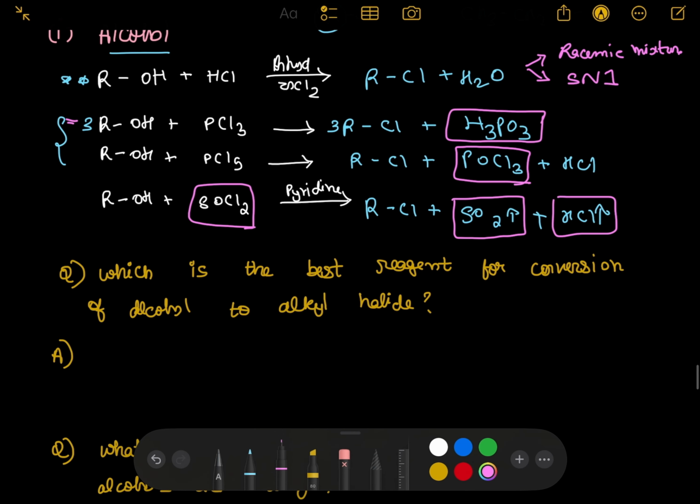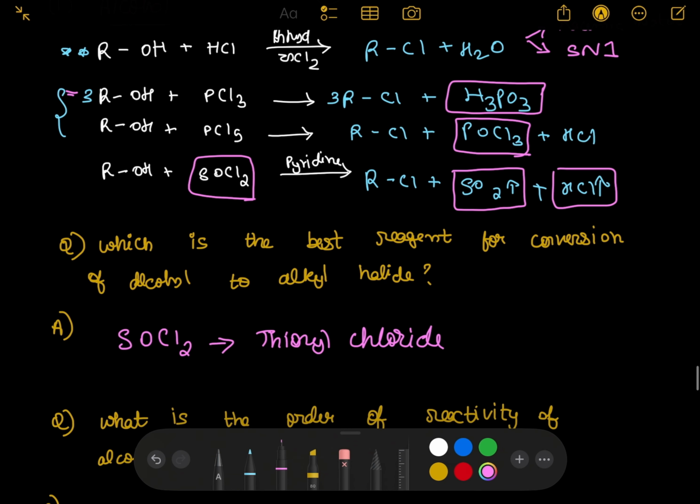What is it called? Thionyl chloride. Why is it the best? Because the product is in its purest form, since SO2 and HCl are both gaseous.